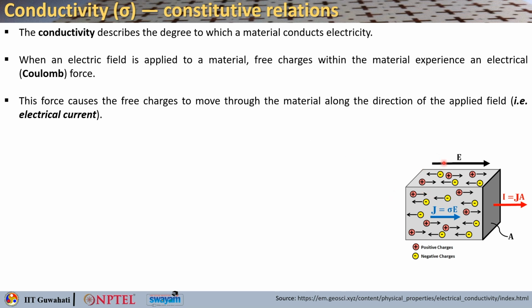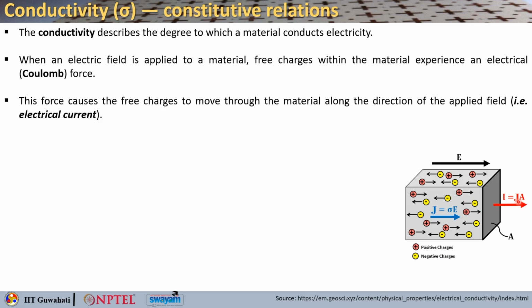So the field is this way, your positive charges are moving along the direction, and that will be the direction of the current flow. Electrons will basically move in the opposite direction, and the reverse of their movement will give you the current flow. So the current is basically in this area.